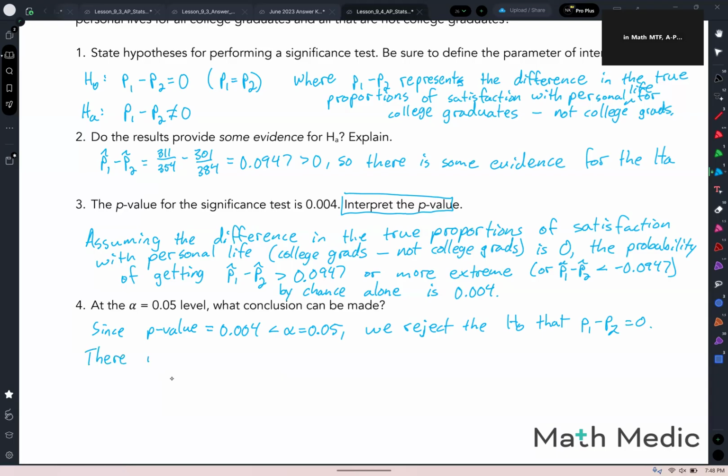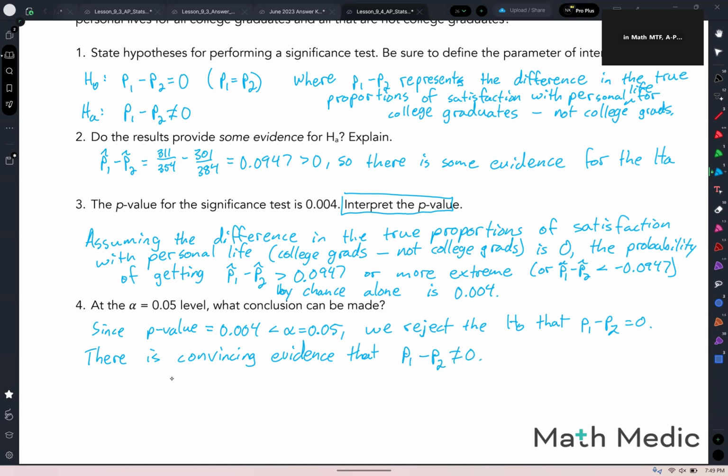There is convincing evidence that P1 minus P2 does not equal 0.